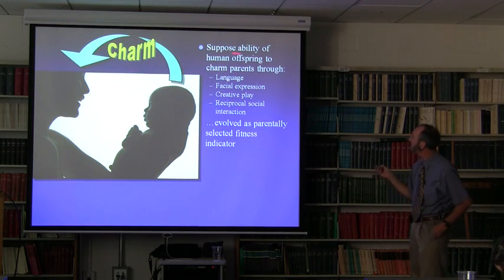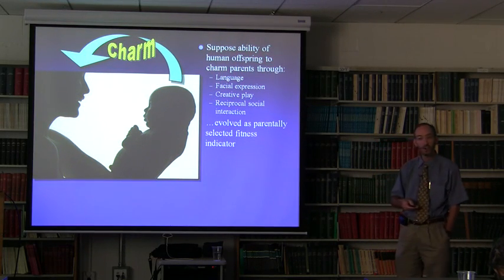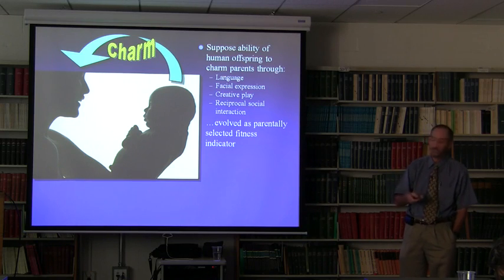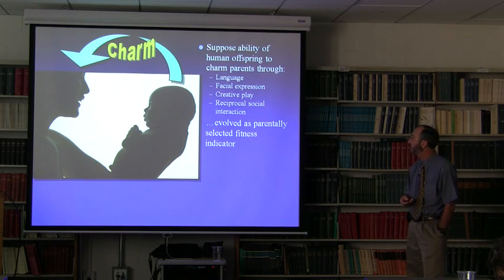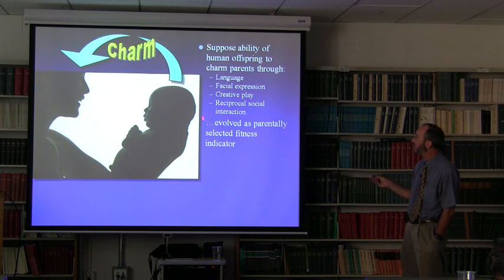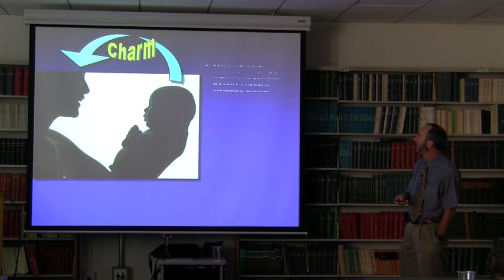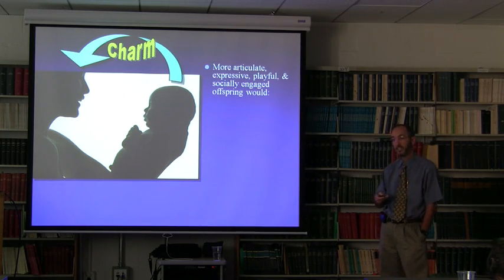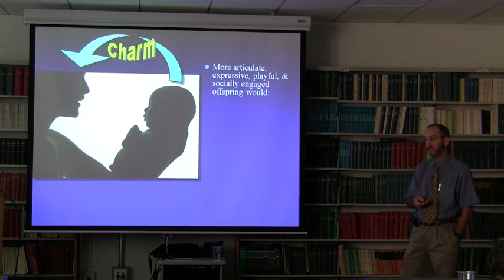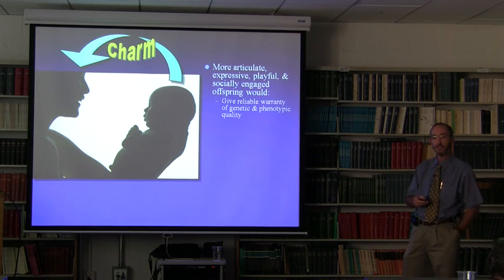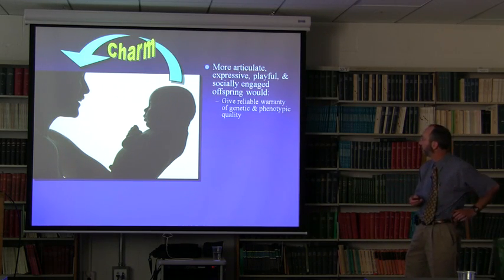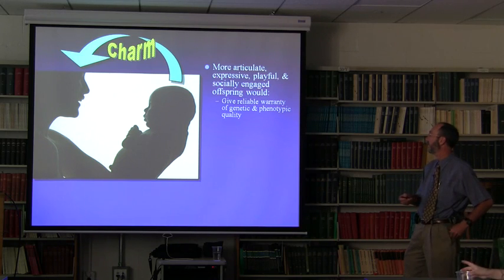Now suppose that the ability of human offspring to charm their fickle parents through language, creative play, and reciprocal social interaction evolved as a parentally selected fitness indicator. If so, then more articulate, expressive, playful, and socially engaged offspring would give a reliable warranty of their genetic and phenotypic quality.